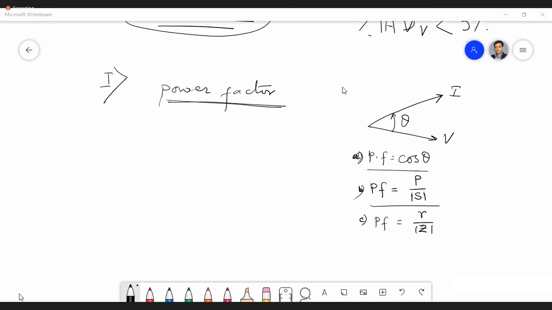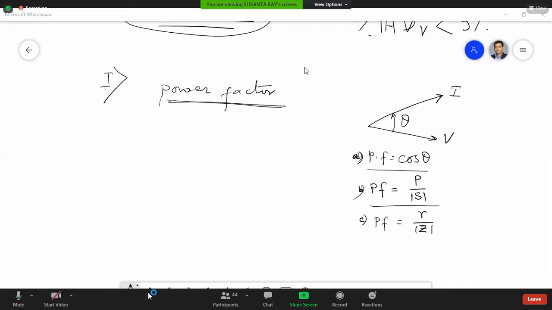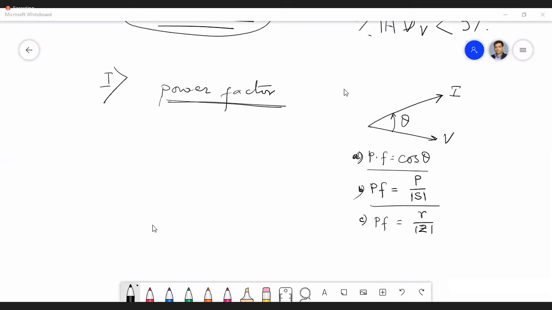Okay. Someone else, what were you saying? Let me hear. Considering sinusoidal. Correct. We are assuming both the voltage and current are sinusoidal.